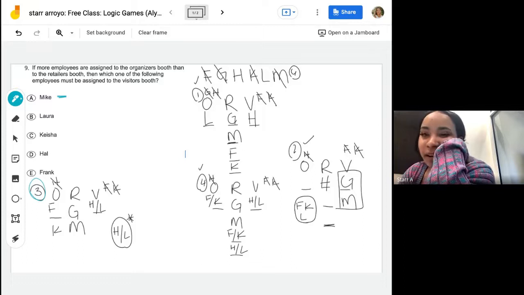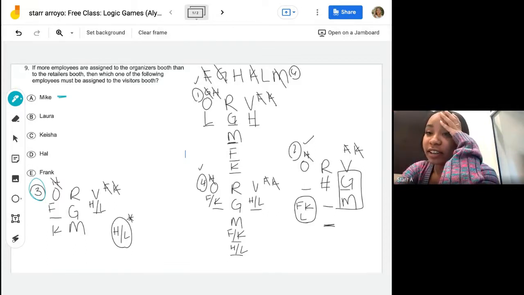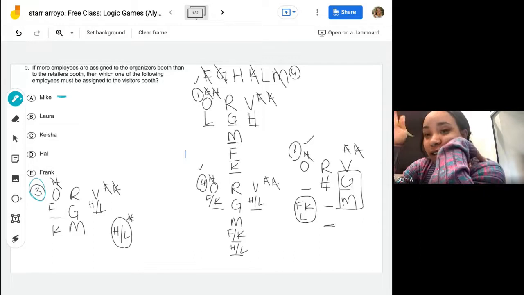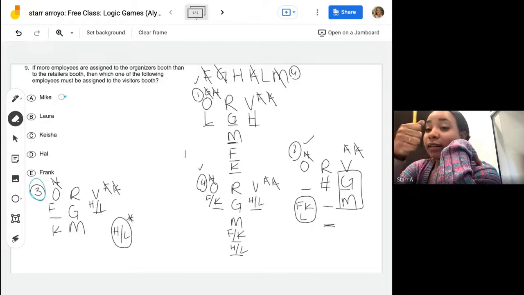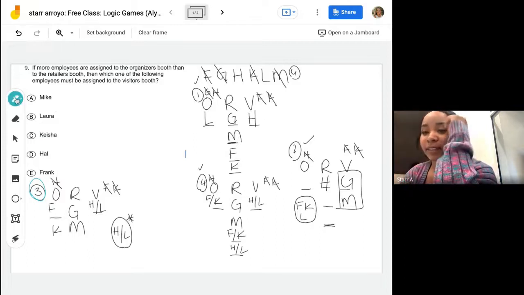I don't know why I would choose A if I'm looking at that world. I was thinking that world because it does have more, and then I started looking at world 2, where G and M have to be in V. Disregard. Oh, I forgot the question you were asking me.